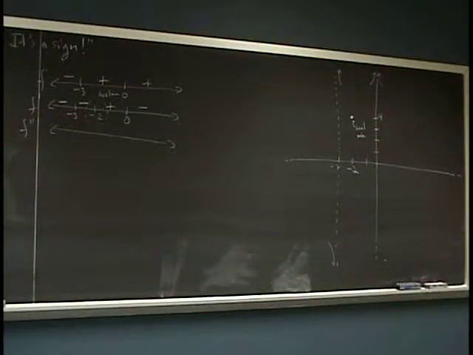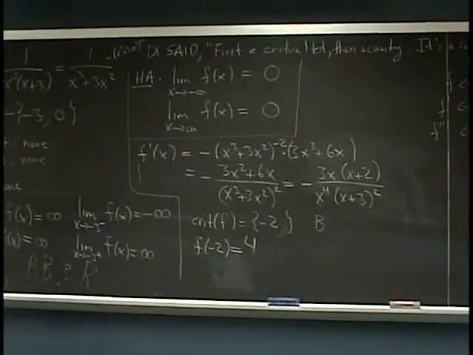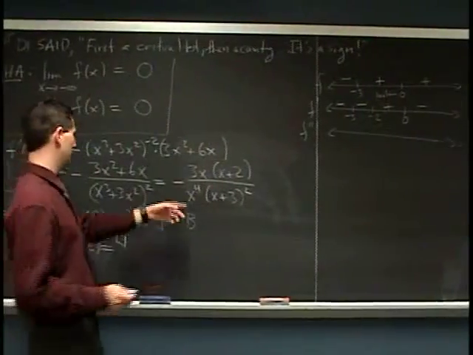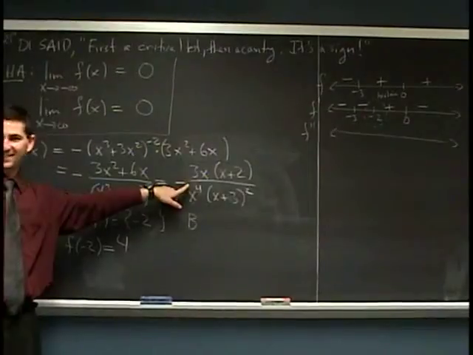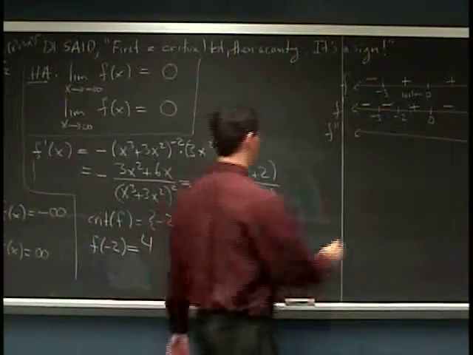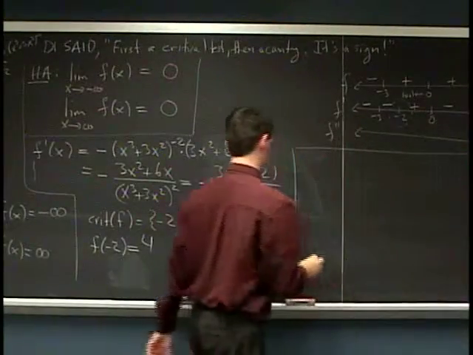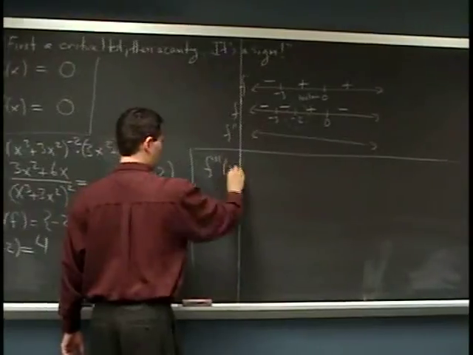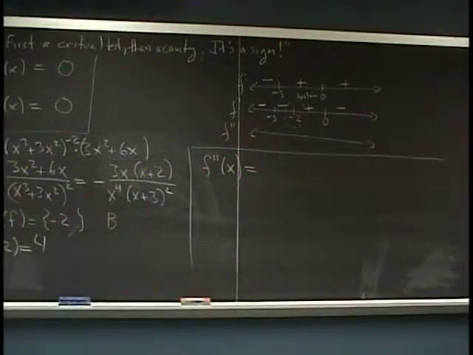Okay, so we've used our first derivative test. Now we're just going to check the concavity, so we need to take a second derivative. It's very scary to take the second derivative now.